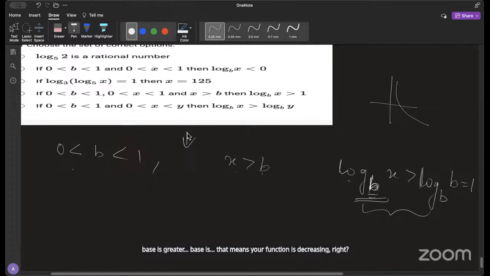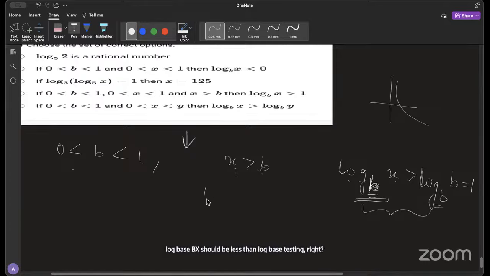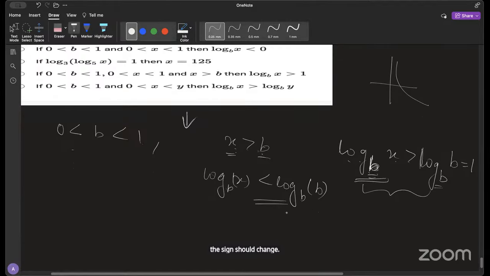Log base b function is a decreasing function. That means if your x is greater than b, log base b x should be less than log base b b, right? If you apply log base b to both sides, the sign should change.